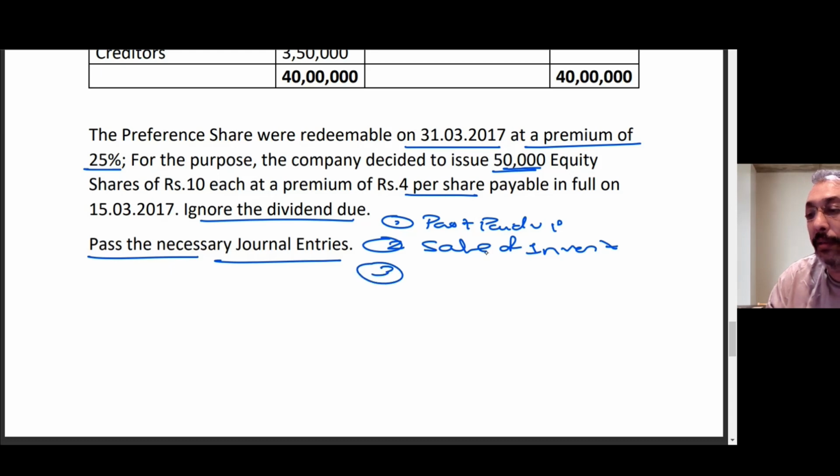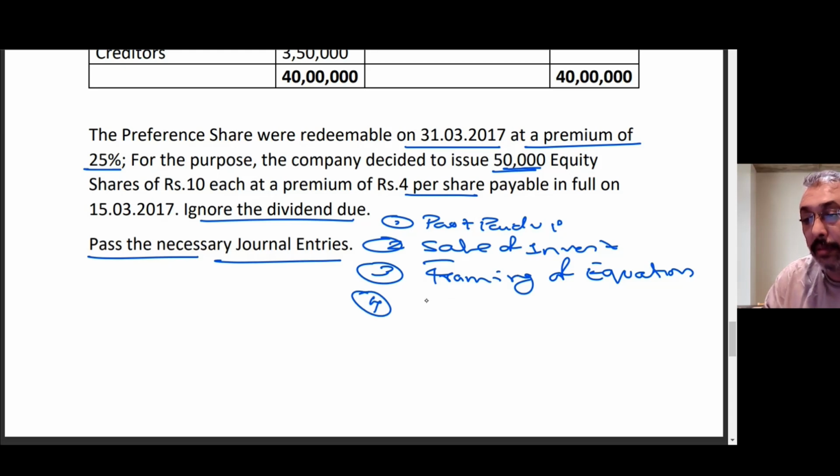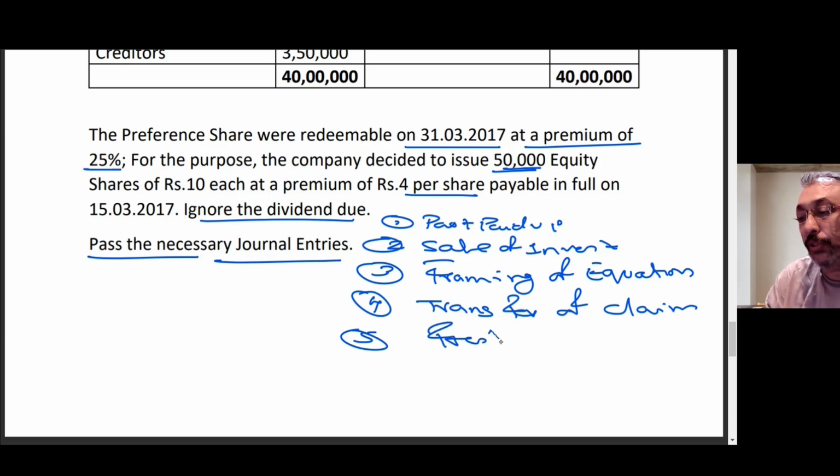Then third, framing of equation. Fourth, transfer of claim. Fifth, fresh issue.